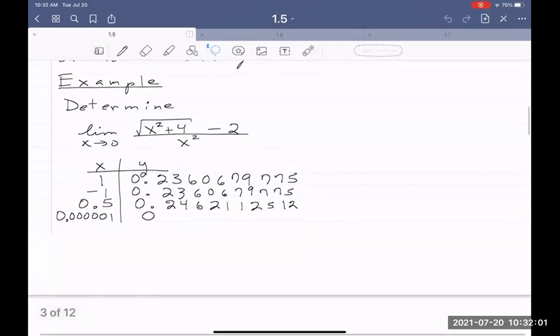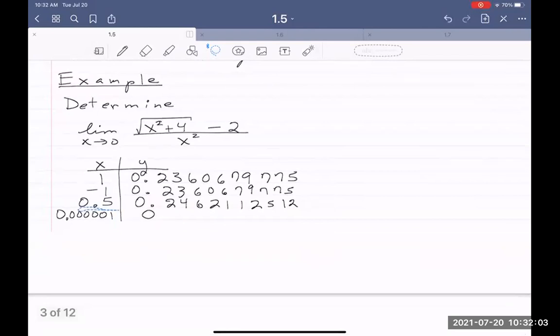Now let's plug in 0.5. If I plug in 0.5, I get a bigger number. Notice it goes from 0.236 to 0.246. So I get 0.24621125512.